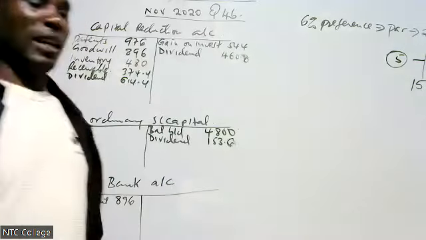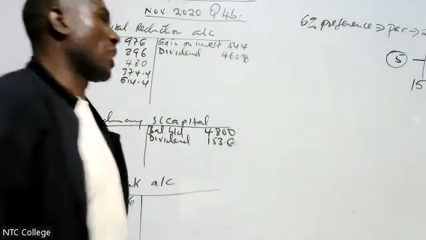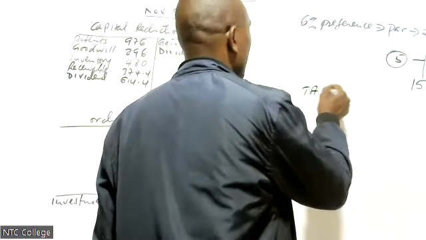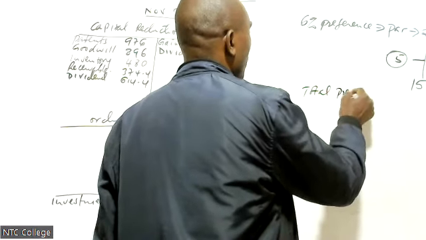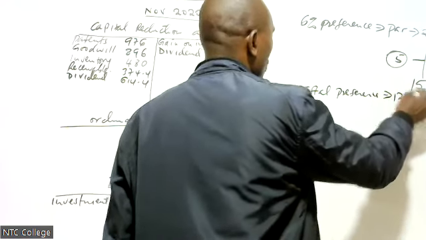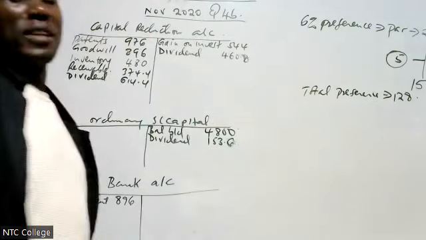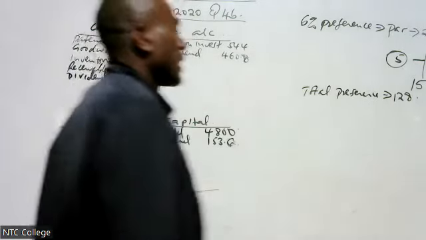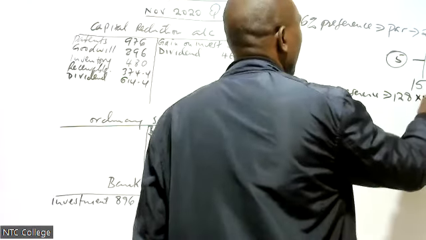How many are our preference shares? Total preference shares is 128 times 5.